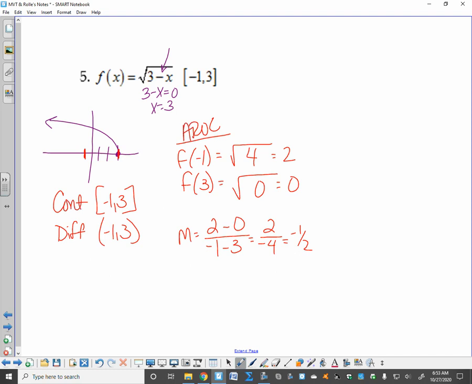All right, I got a slope of -1/2. So let's see. There's the turkey. There's the duck. A little cleaning.